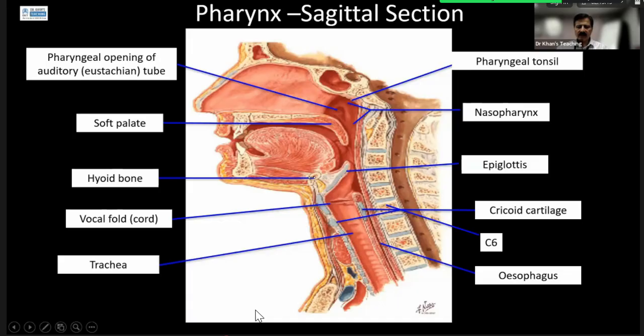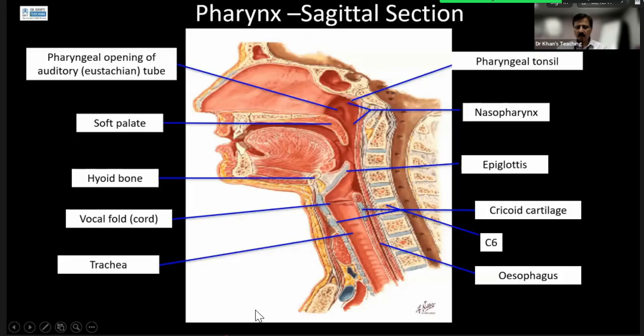And this is the hyoid bone. Now, this is the epiglottis. And from here till here, this is the cricoid cartilage. This is the larynx. So inferior to the level of the oropharynx, from here till here is the hypopharynx. Please remember that esophagus, anatomy textbooks will tell you that it starts at C6 level.